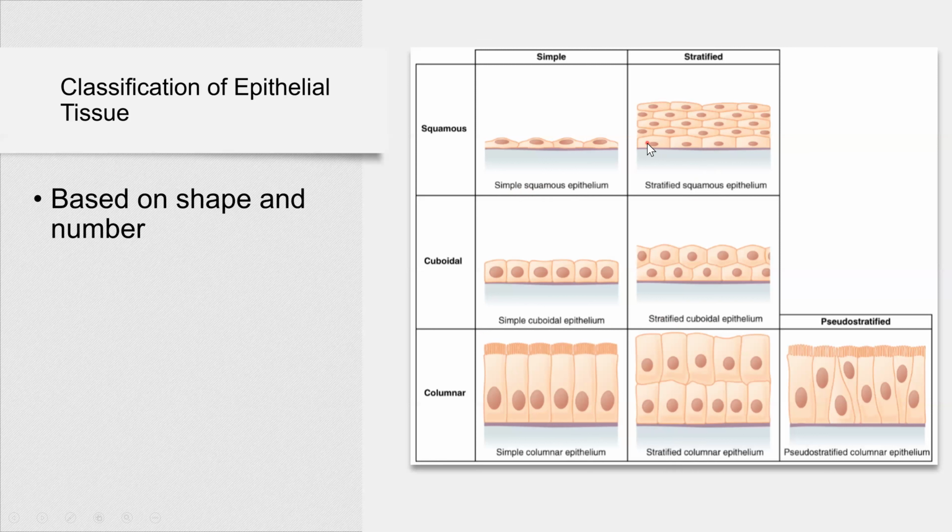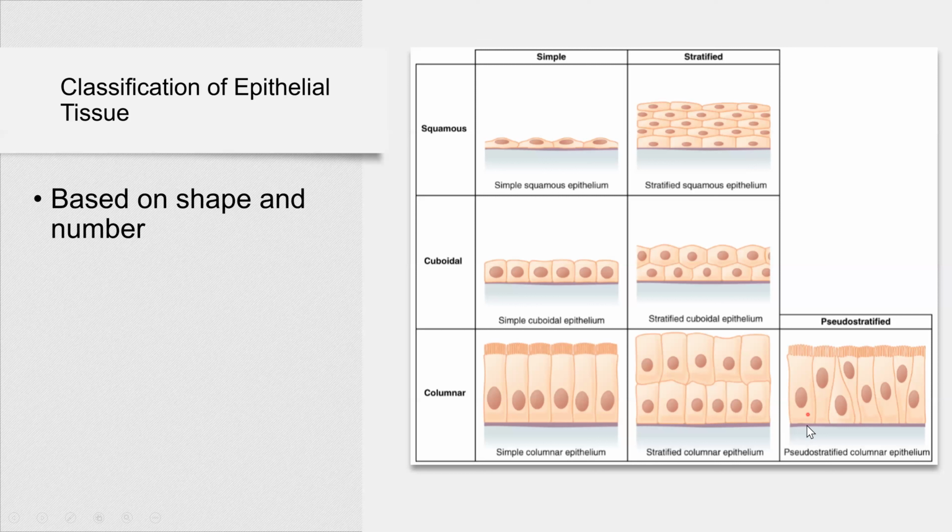Sometimes they might have a different shape. For example, this can be cuboidal over here, or maybe even look like columnar. But when we classify epithelial tissue, we're only looking at the apical surface. So because on top we have flat cells, it will be stratified squamous. It doesn't matter what shape my cells are at the basal end.